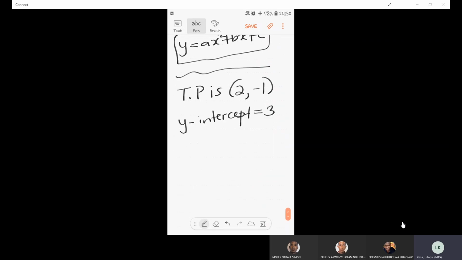Now with the turning point, remember I said you can also complete the square in order to work out the turning point. So if you have your equation, you have y is equal to a (x minus p) squared plus q. This you get by completing the square.